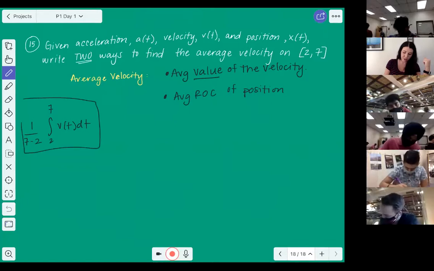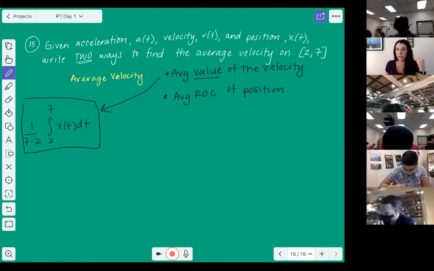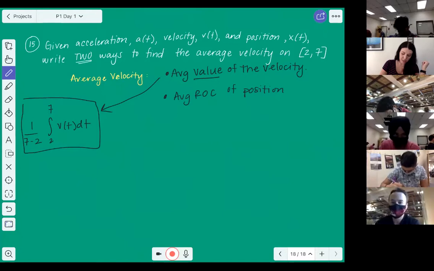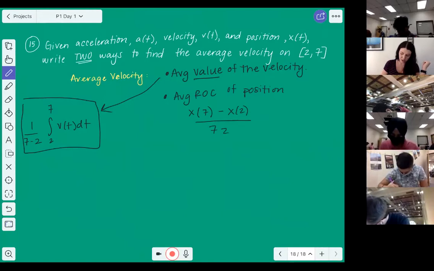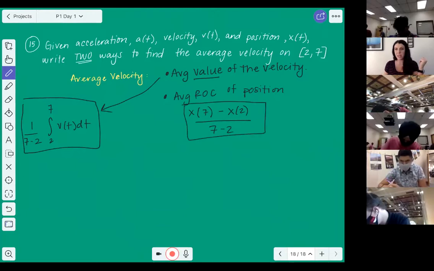This would be that first way. That would be the average value of the velocity, which would find the average velocity. The other thing we could do is x of 7 minus x of 2 over 7 minus 2. That would be the average rate of change of position.